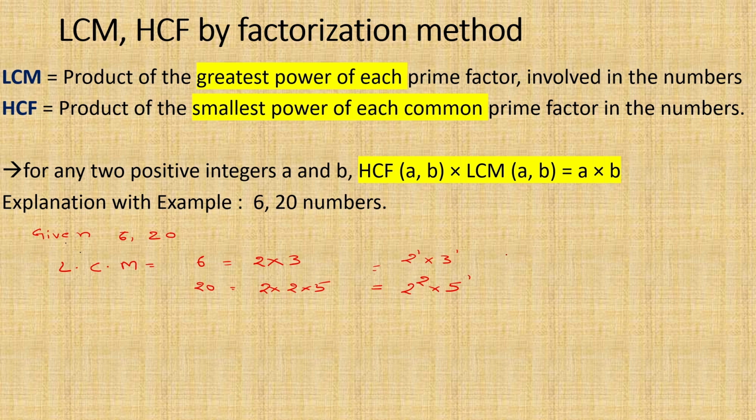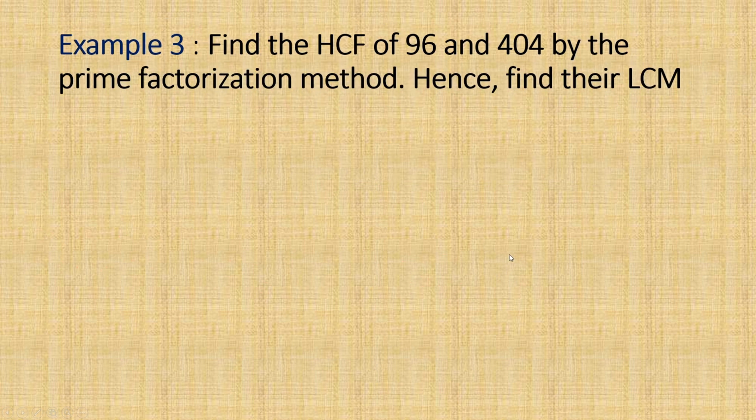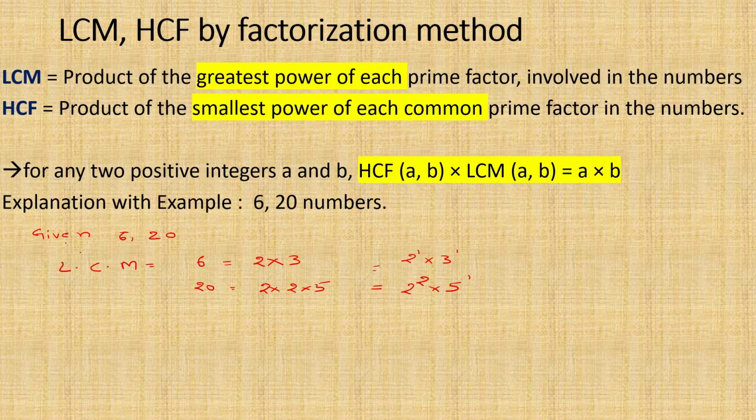So what does the LCM definition say? LCM is the product of the greatest power of each prime factor. So here we have 2 power 1 and 2 power 2. What is the greatest? 2 power 2 is the greatest.